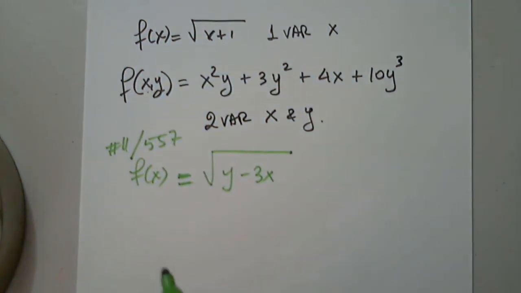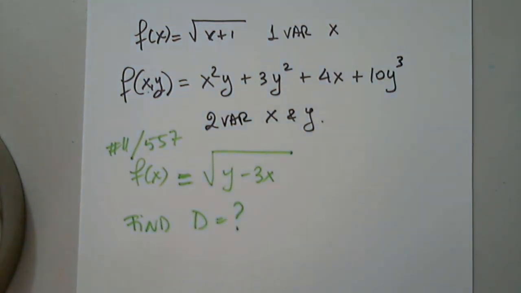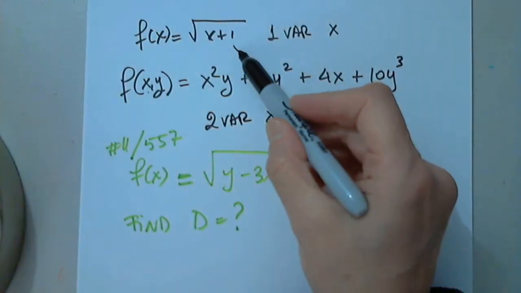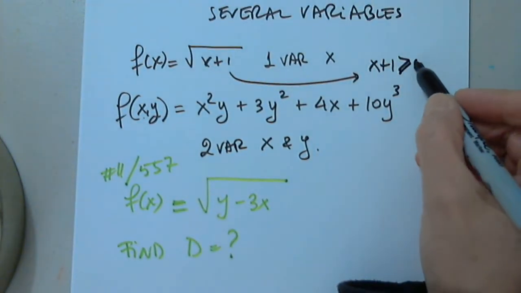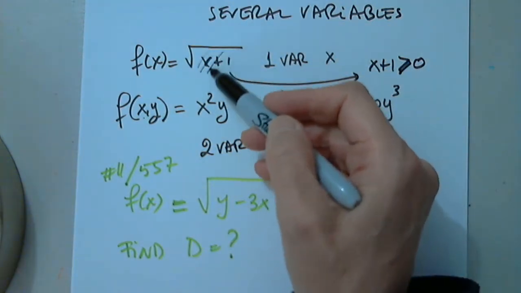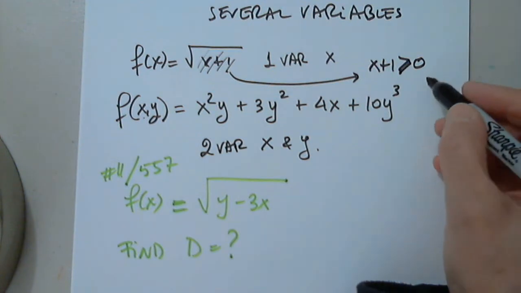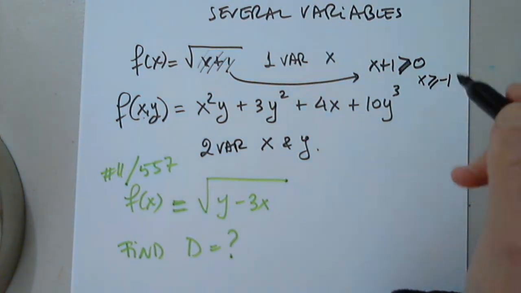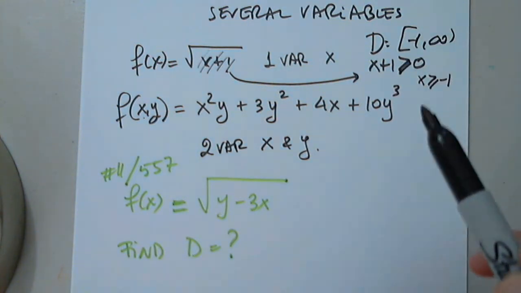And the question here is find the domain. Well, I hope you remember that for this function, we have to write that x plus 1 is greater than or equal to 0, because this quantity has to be positive or 0. Then we move 1 to the other side, and we got the domain. What is the domain? -1 to infinity.